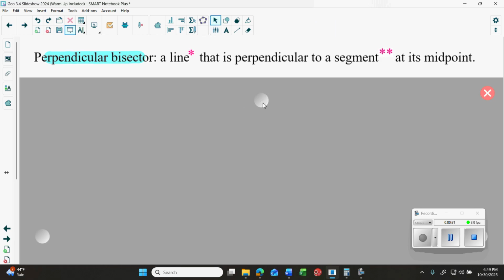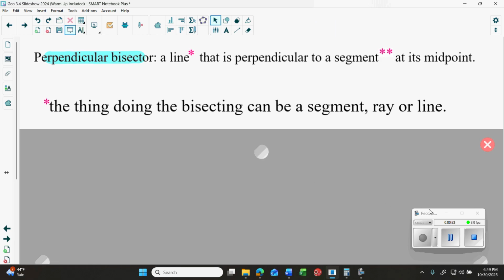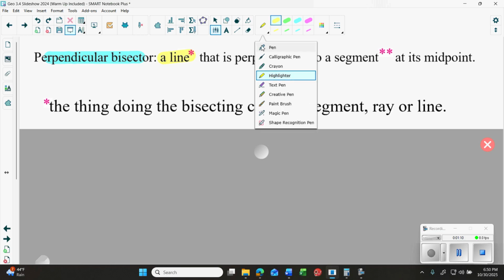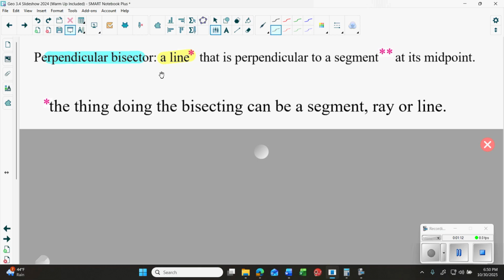So a couple of things here. First caveat, a friendly reminder that in geometry, when we bisect something, the thing doing the bisecting can be a segment, a ray, or a line. So you see how here we have a line? This could also be a ray, or a line segment.